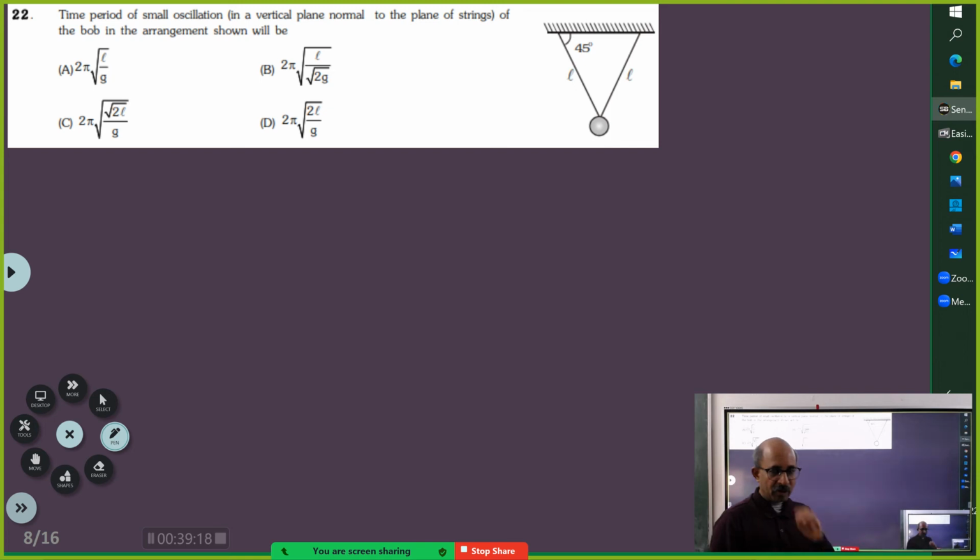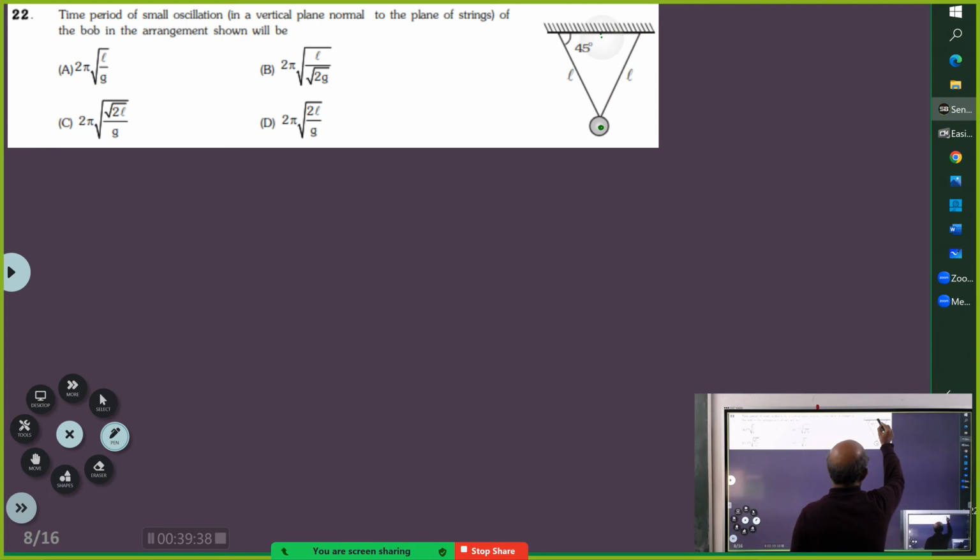When a pendulum is oscillating, then the length of the pendulum will be from the point of suspension to the center of gravity. Correct? Center of mass. So here the center of mass is this only, right? And it is as if it is suspended from this point. And this length will be L by root.